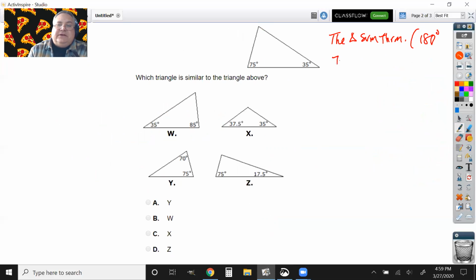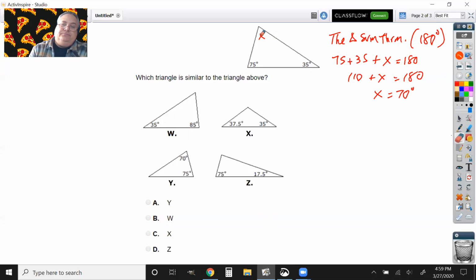So if I have 75 plus 35 plus X equals 180, then 110 plus X equals 180. When you subtract 110 from both sides, X will be 70 degrees. I now know that this angle is a 70-degree angle.